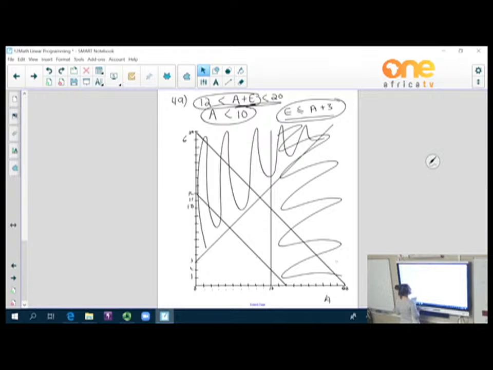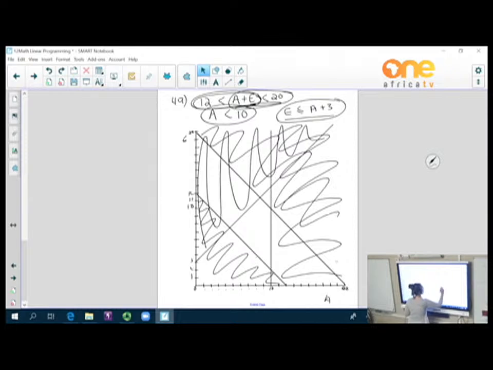Then Argentina and England is more than 12, so it will not be that part. And then we have Argentina and England is less than 20, so they will not be more than 20. So this part will also be shaded. The part that satisfies all of them will be this part here in the center. So yours should also look like that.